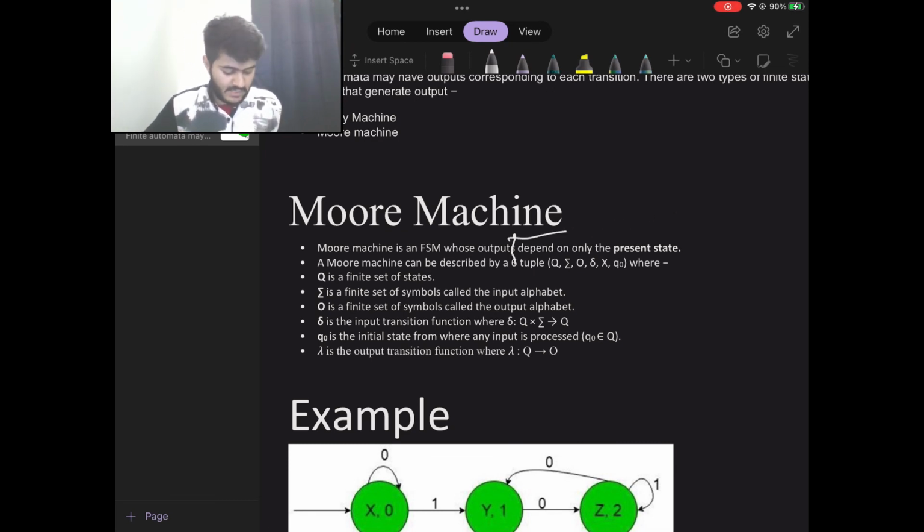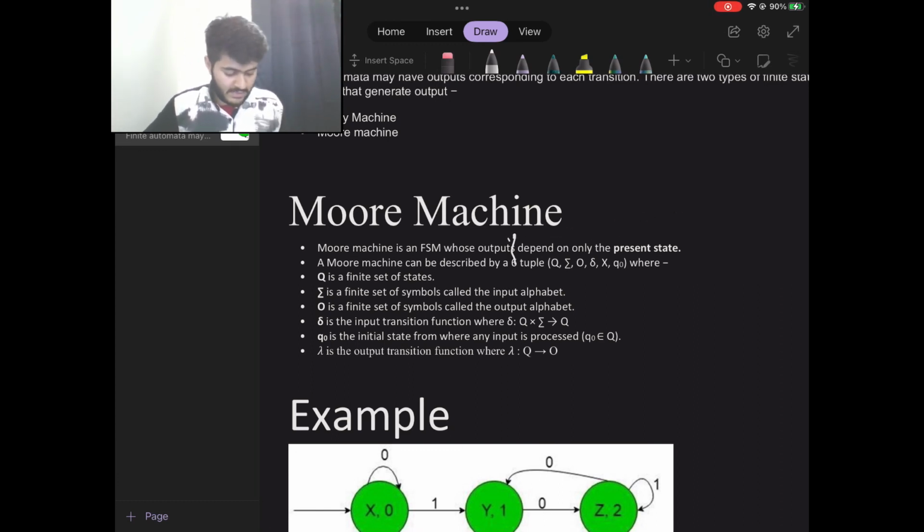When you are converting Moore to Mealy, always remember that if a Moore machine has n states, then the Mealy machine will also have n states. But the reverse is not true. If a Mealy machine has m states and a Moore machine has n states, the number of states can be m cross n. So that's the major difference.